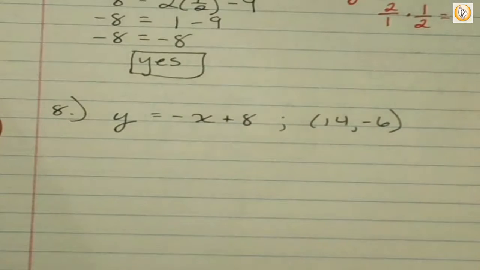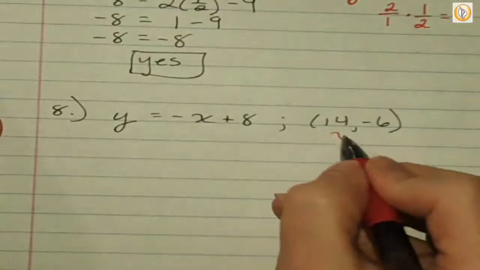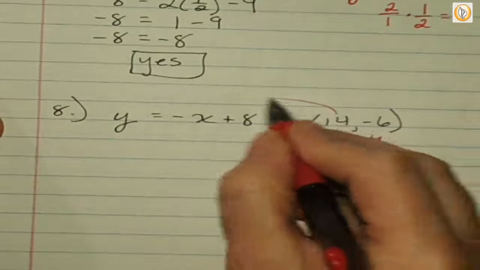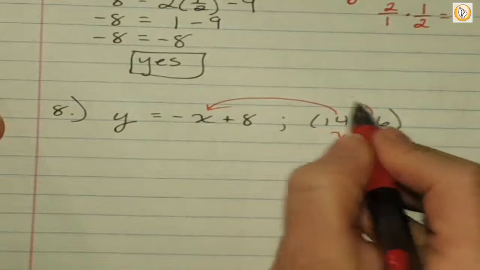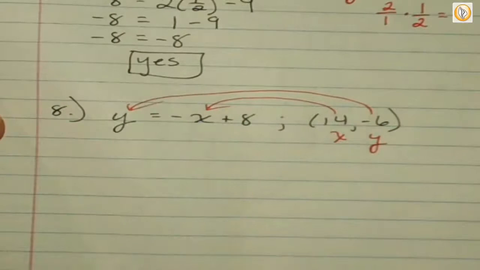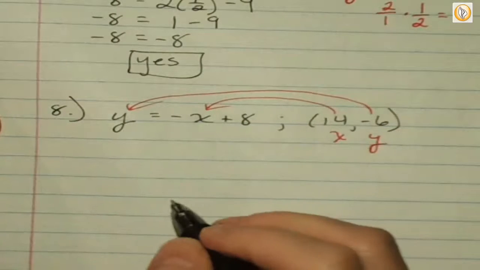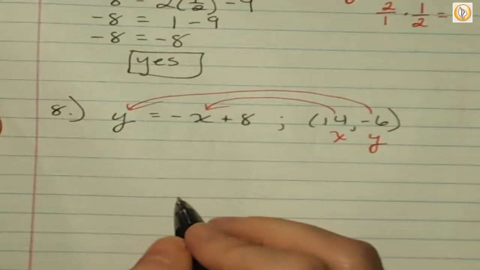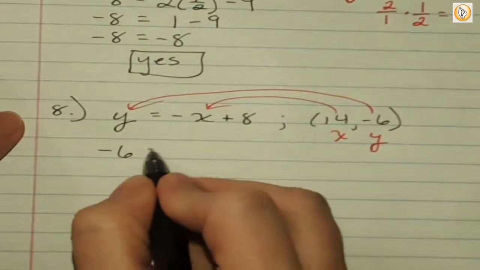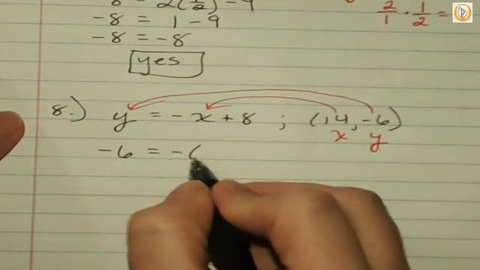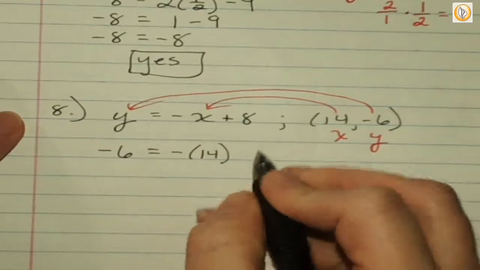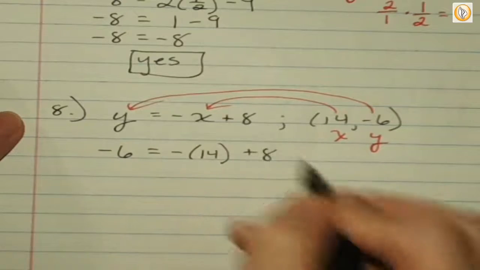This is going to be weird because of this negative sign. So this is my x and my y. I'm substituting it here and here. So I get -6 equals -(14) plus 8.